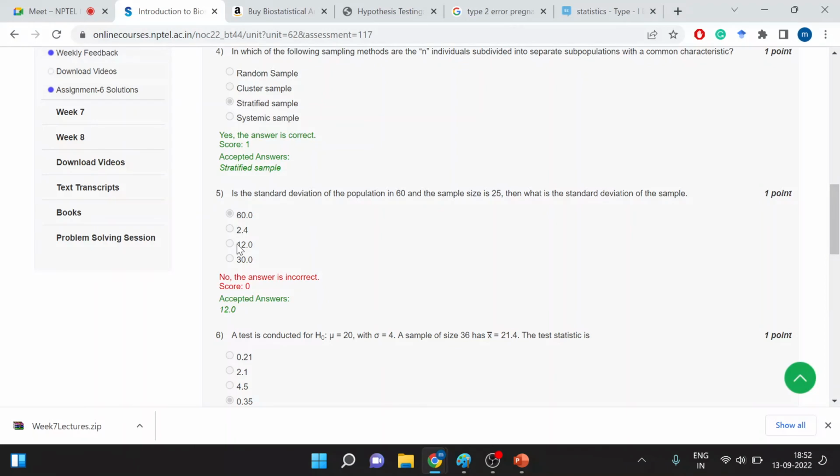Standard error is sigma by root n, or s by root n. But it is asking standard deviation. So whether I should get marks, because my marks have been cut, right? Okay, I will mail this to the people because I think it is wrong.